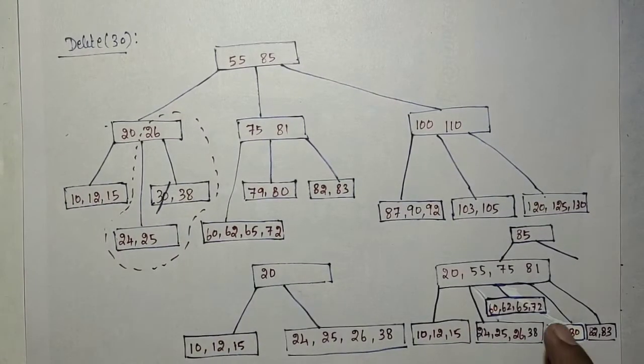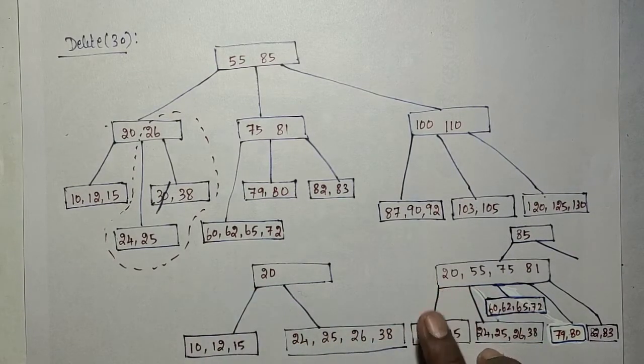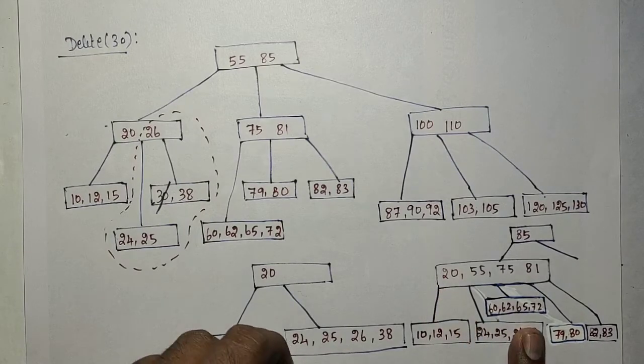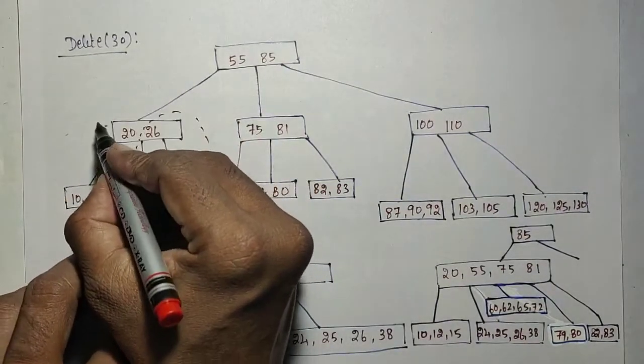These four branches will be continued as it is. So 20 left and 25, 20 right. And the parent is merged like this.